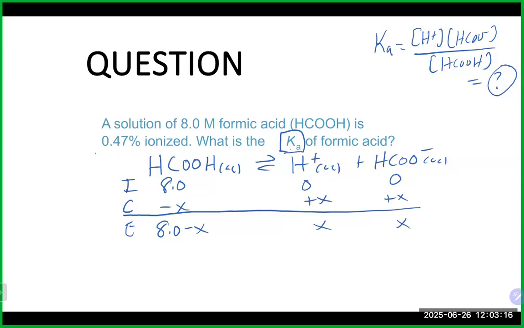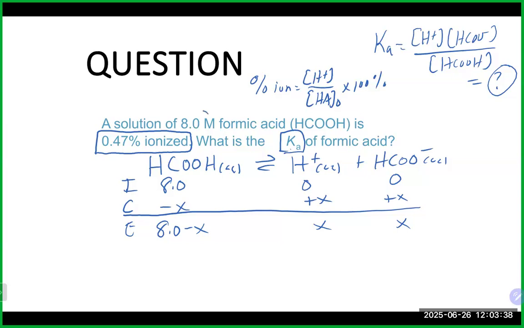What can help us to do that is the other piece of information that was given to us, which is this acid is 0.47% ionized. So as we just saw, our percent ionization is equal to the H plus concentration divided by the initial concentration of your acid times 100%.